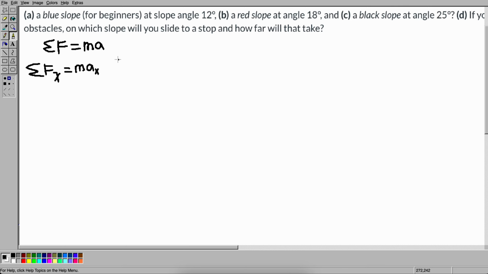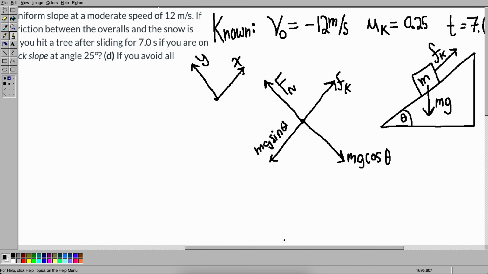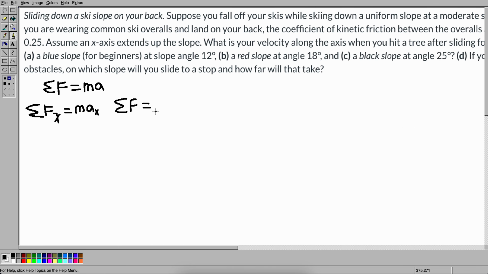max. We also know that this is equal to Fk minus mg sine theta.